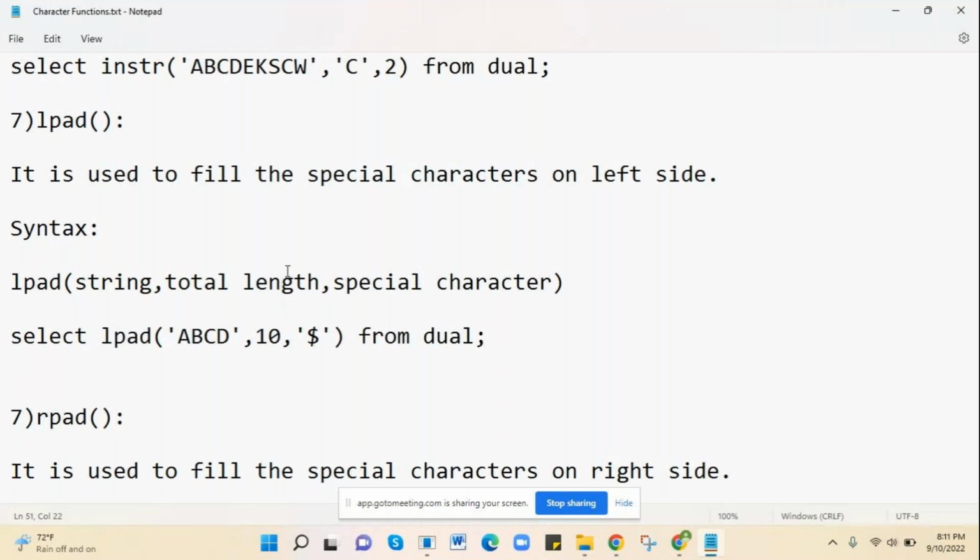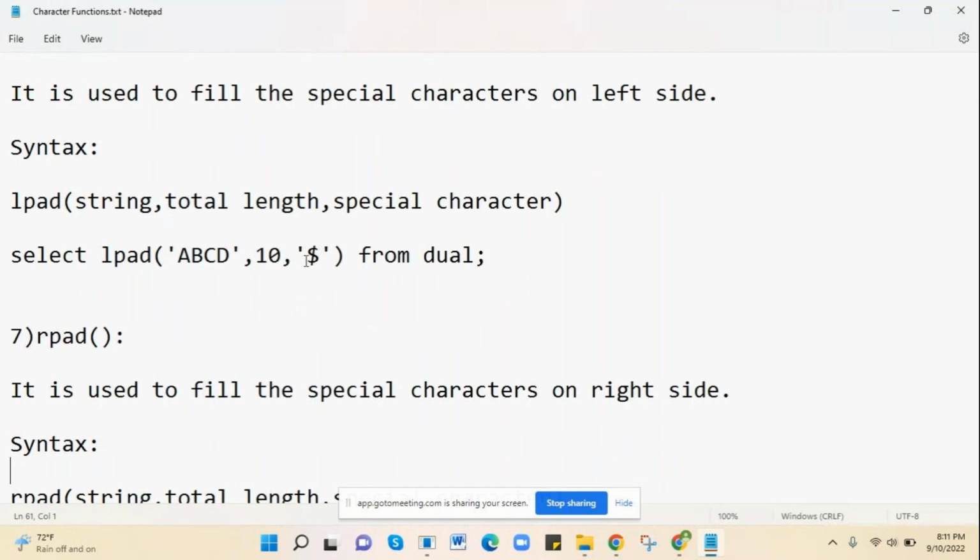In the railway charts it will give some stars or dollar symbols in front of your name. Why? Because they want the same number of characters, whether it is Sai or Raj, or Veera Venkata Veera Prasad. They want to give a fixed number of characters.